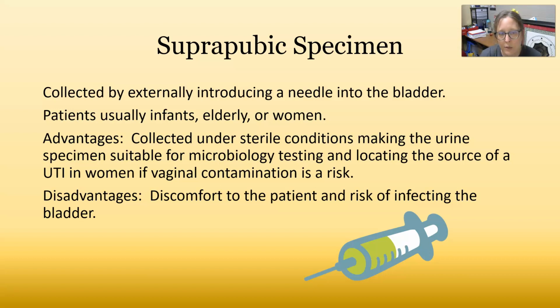The advantage is that it is collected under sterile conditions, so it's a specimen that's suitable for microbiology testing, and also for locating the source of a UTI in women if there's a big risk of vaginal contamination. The disadvantages, of course, are discomfort to the patient and risk of infecting the bladder, same as the catheter. Whenever you invade a space, there's always the risk of introducing bacteria in that procedure.